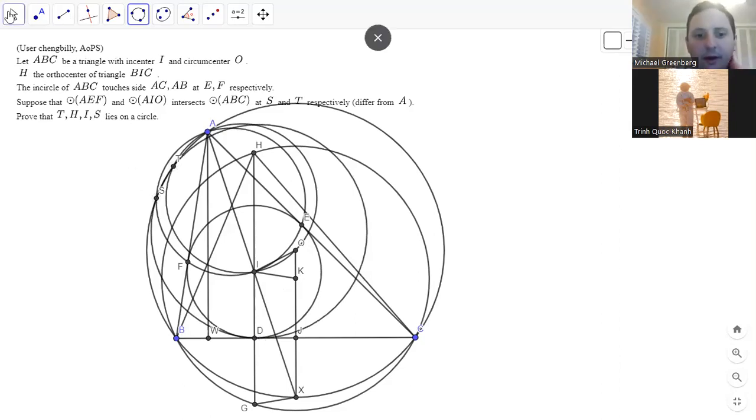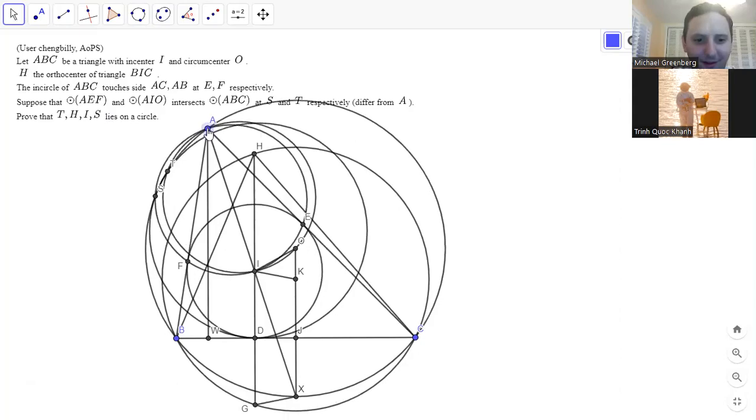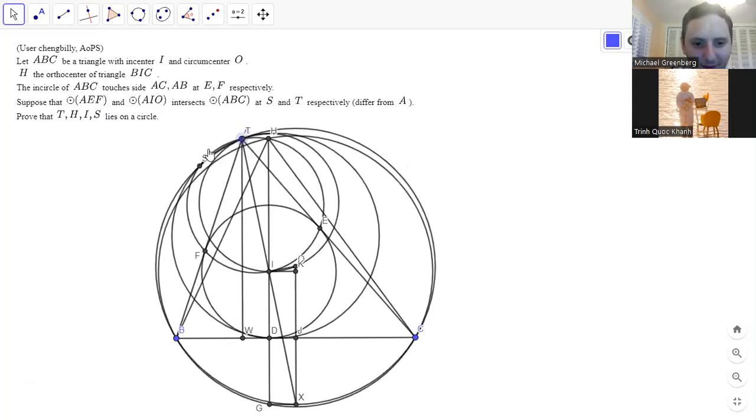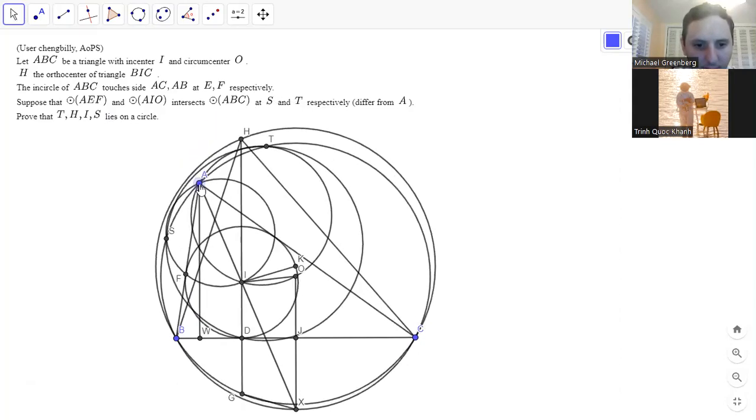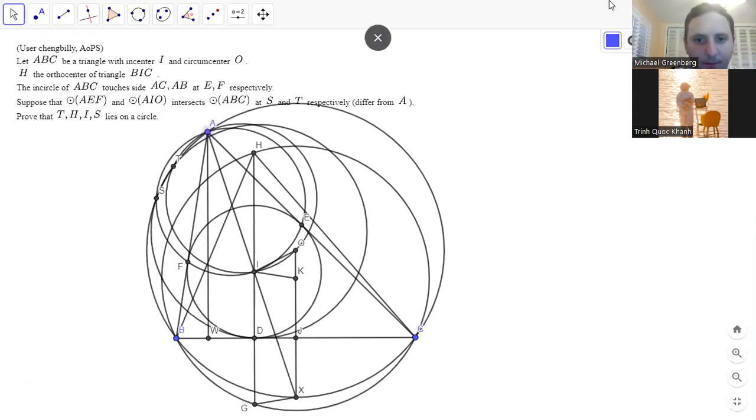AI over AO is, yeah, 2IF over BX. Oh, because you used IX equals BX. That's smart. Yeah, in the incenter-excenter lemma. Nice. Okay, so that circle's not tangent like I thought it was.